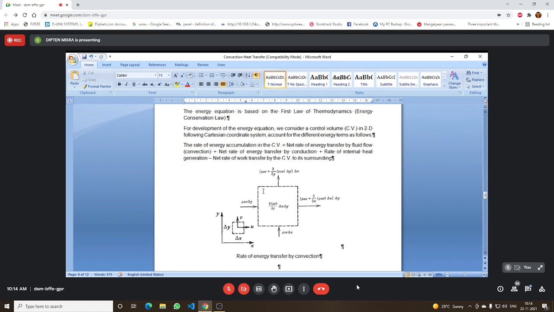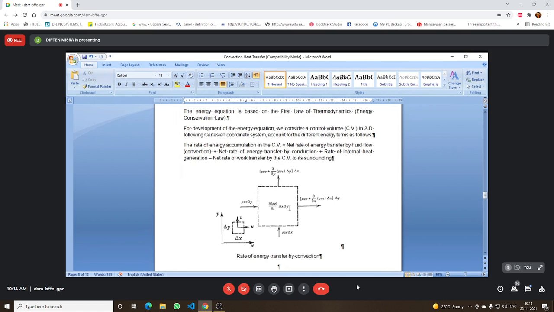And because of this energy interaction with the surroundings, there is a possibility that the energy of the control volume will change with respect to time. It may increase, in which case the energy change will be positive. It may decrease, then the rate of change will be a negative quantity. So the rate of change of energy of the control volume is equal to, what is the mass of the control volume?